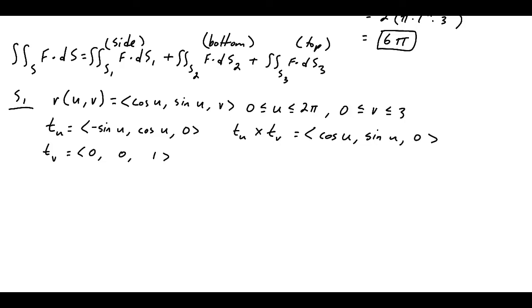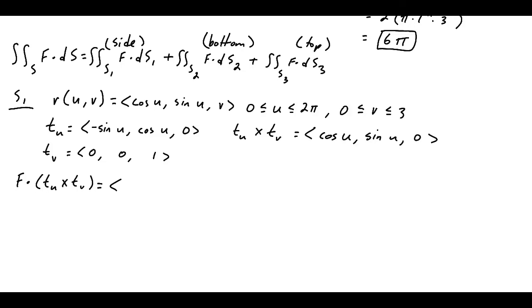Now, to calculate this integral, we need to find F dotted with parentheses T sub u cross T sub v, close parentheses. So let's use our parameterization, replace that in the function of the vector field F of x, y, z with that parameterization.